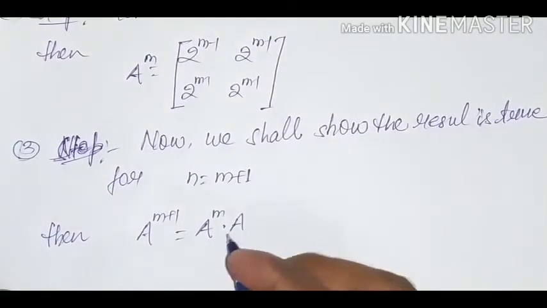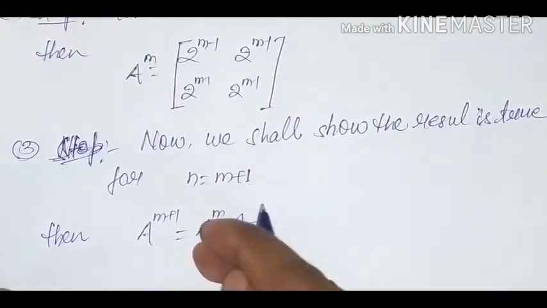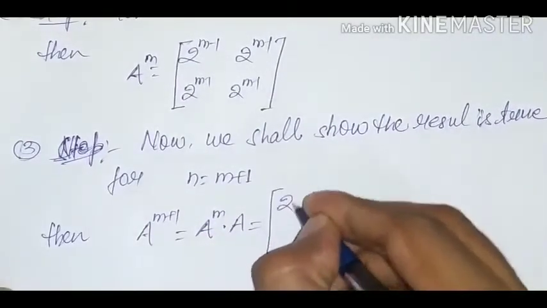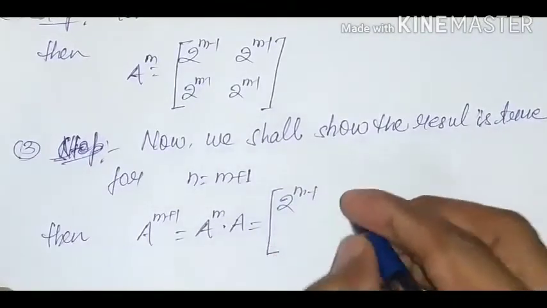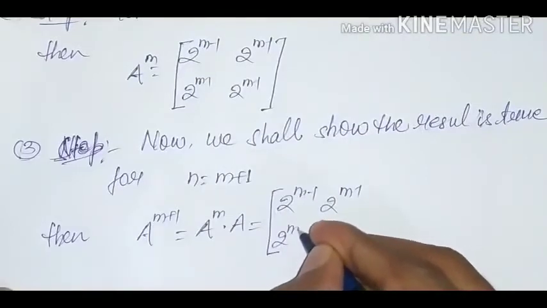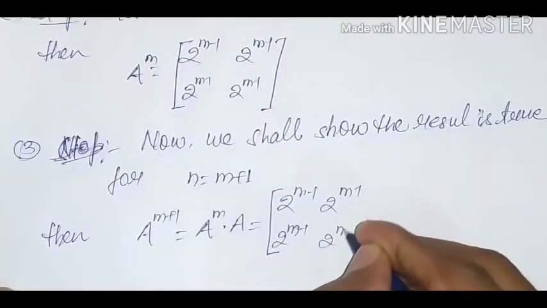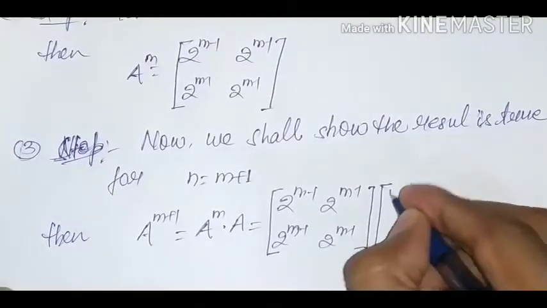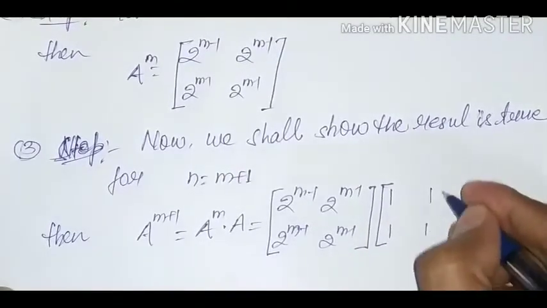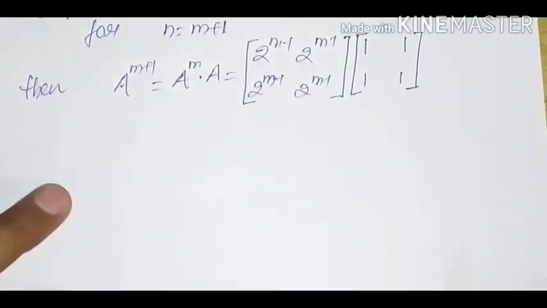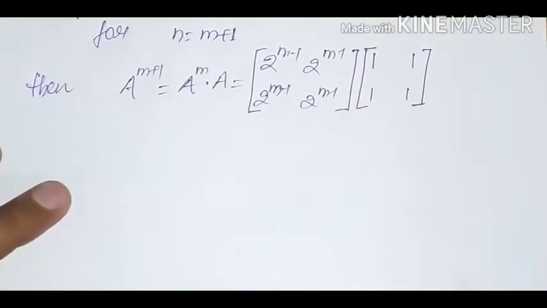The value of A to the power m is the matrix with every entry 2 to the power m minus 1, and the value of A is [1 1; 1 1]. I'm going to multiply these two matrices.